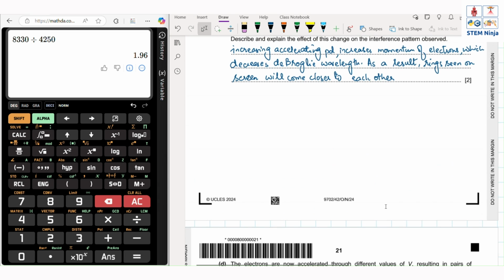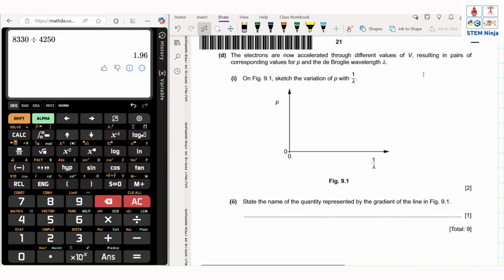We already saw that P is equal to h over lambda, so this is directly proportional to 1 over lambda. So it's a straight line from the origin. State the name of the quantity represented by the gradient of the line. That is h, our Planck's constant.